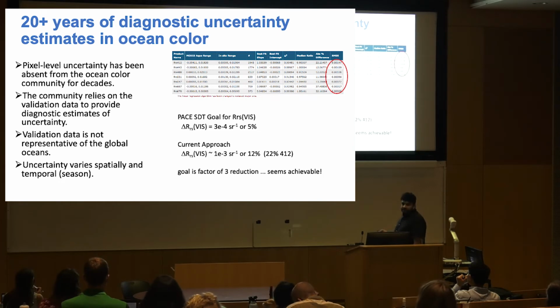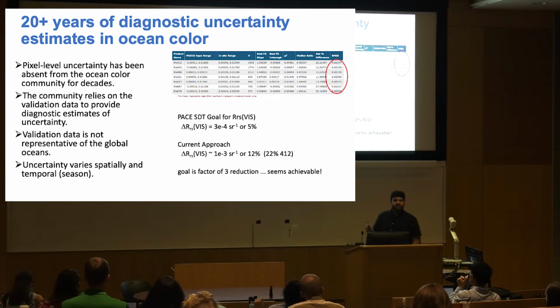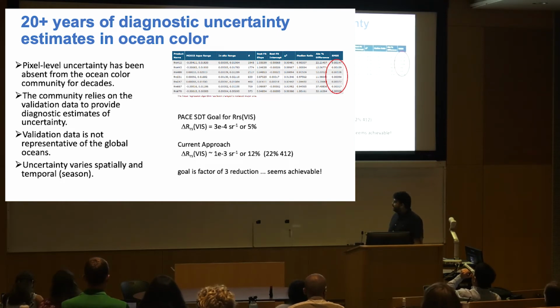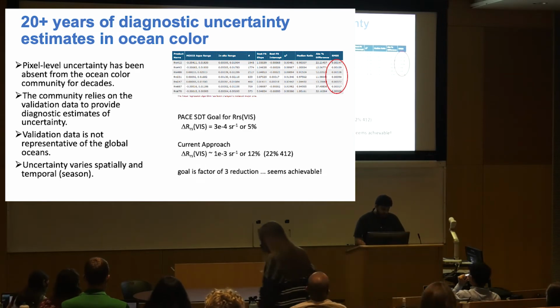Pixel level uncertainty has been absent from the ocean color community over the past few decades, and we primarily relied on high quality in situ data points, assuming that these validation data points are representative of the global ocean. Of course, the uncertainty should vary spatially and temporally, as I will show later in the other slides.